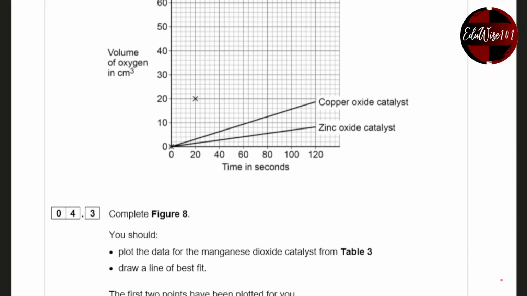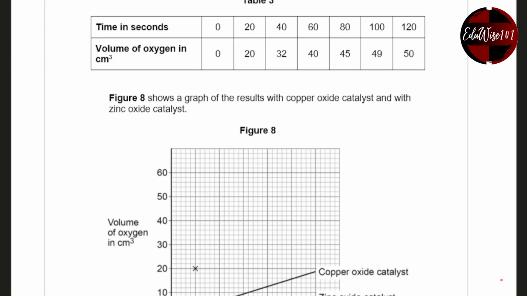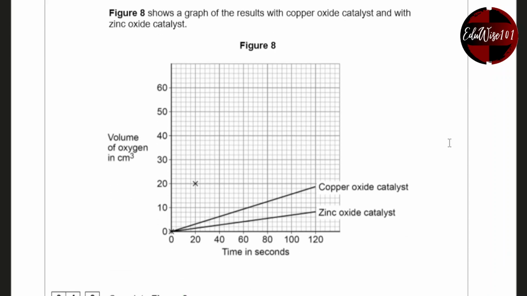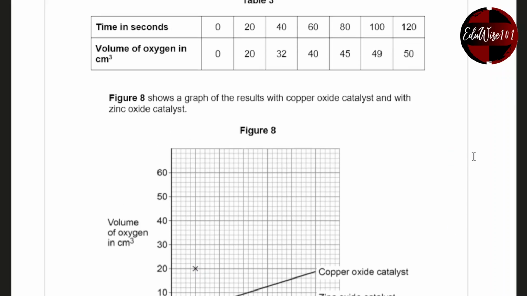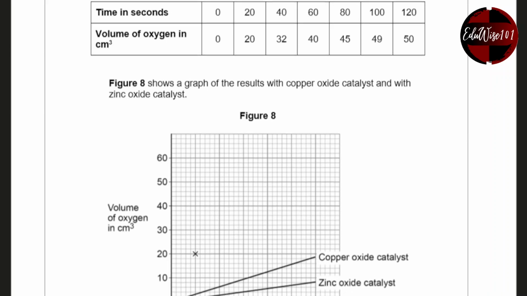4.3, complete figure 8. You should plot the data for the manganese dioxide catalyst from table 3. Draw a line of best fit. The first 2 points have been plotted for you, so you've got 0 and 20 already plotted. So let's have a look at what is 40.